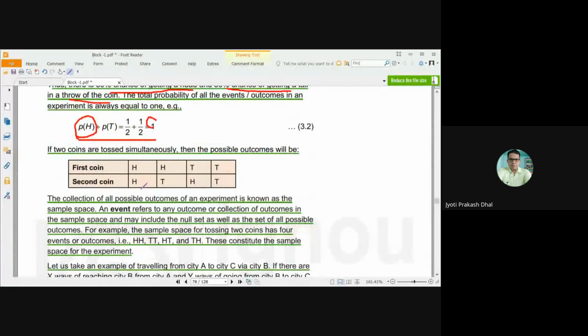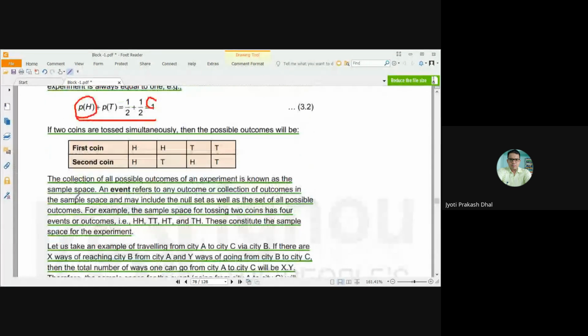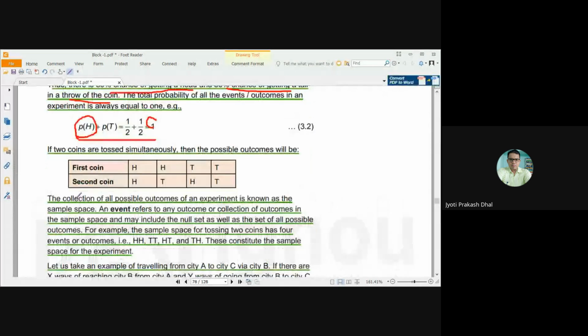Now we'll extend this idea to a large number of experiments. For example, if two coins are tossed simultaneously, the different possibilities are that there will be a chance of two heads.